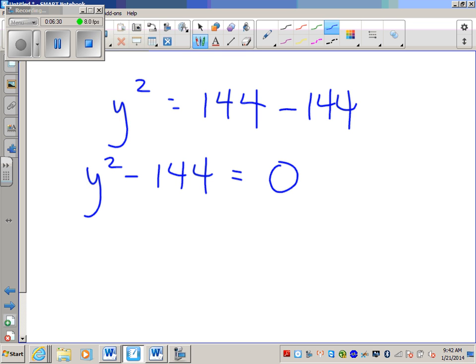Okay? So now, let's check. First thing we always want to check is GCF. Is there a GCF between y squared and 144? No. Are there two terms? So we can check for difference of squares. Y minus what?